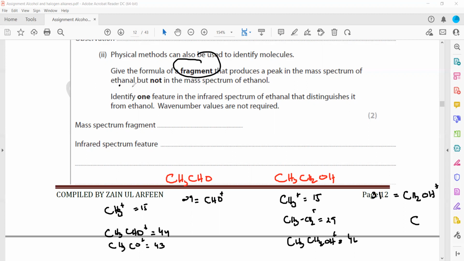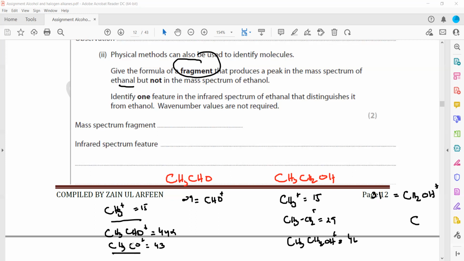Now in the question they're asking, give a formula of a fragment that produces a peak in a mass spectrum of ethanal but not in ethanol. So that is not present in ethanol, should be there in ethanal. So which one? This is a molecular ion. Definitely the molecular ion peak will be different, but we are not supposed to write the molecular ion. We have to write a fragment, part of it. So I'm left with CH3.